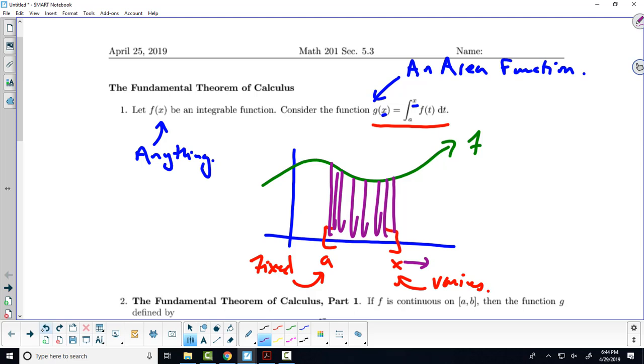If f dips below the x-axis, and I keep sliding past that, then I start subtracting area. So the way g changes is based upon the shape of f. That realization is at the heart of the fundamental theorem of calculus.